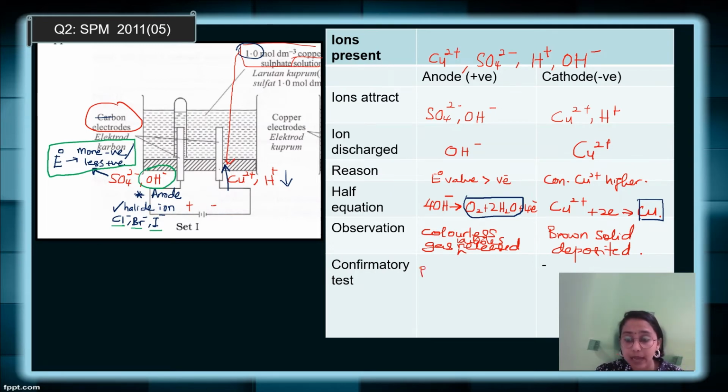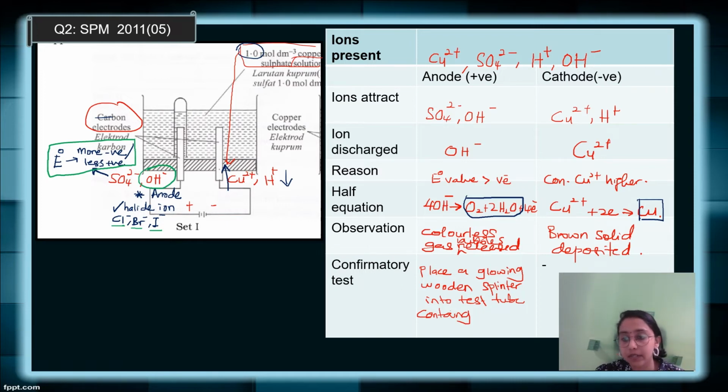So you have to say, place a glowing wooden splinter into the test tube containing the gas. Okay, this is very important. Don't stop at "into the test tube." What type of test tube? It must contain the gas, then only you can confirm it.